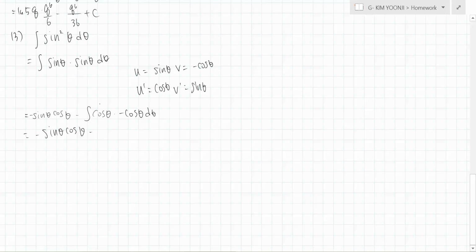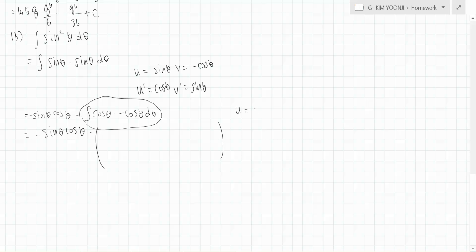And for this part, we use integration by parts again. Hold on, do we? Okay. So this whole chunk goes into this parenthesis.